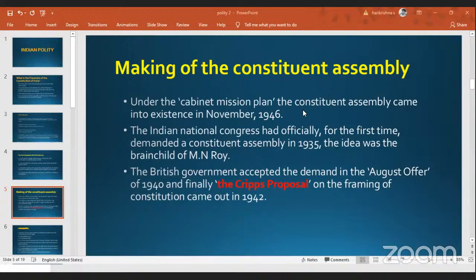I hope you have seen this slide. There are only three points on the making of the Constituent Assembly. First, based on the Cabinet Mission Plan, the Constituent Assembly came in November 1946. Then the idea, the brainchild of M.N. Roy, was accepted, and then the Cripps proposal on the framing of the Constitution in 1942.